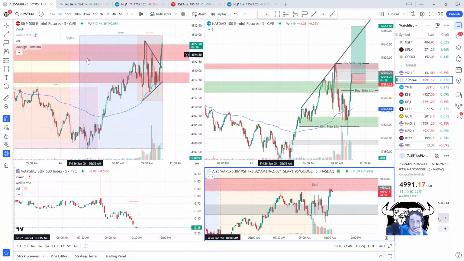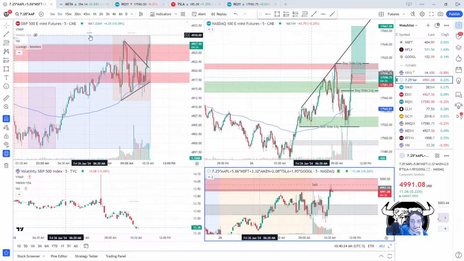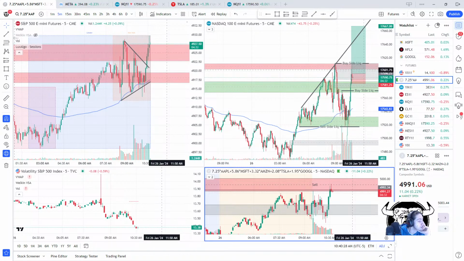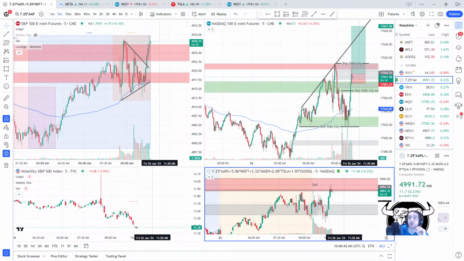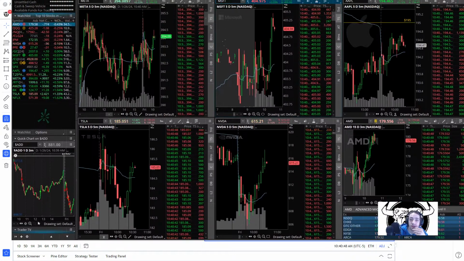Not adding, but I like where ES is. VIX still trying to push lower. Let's see. Apple trying to hold up. I'd like to see Microsoft continue higher because of how strong it was.